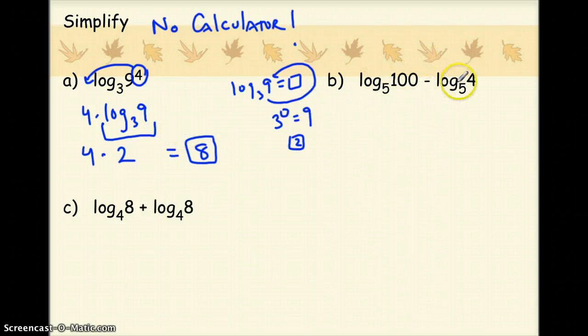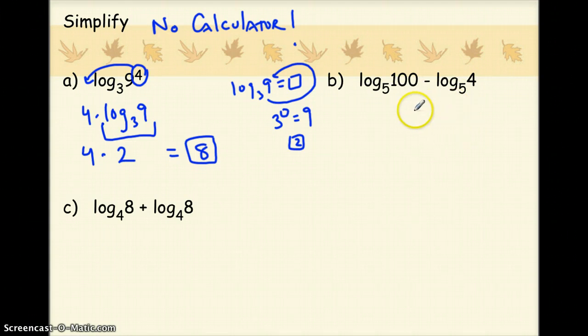Okay, if you come over here to part B, if I try to do these separately and ask myself 5 to what power equals 100, that would be tricky, some decimal. And if I try to do 5 to what power equals 4, again, I can't do that in my head.